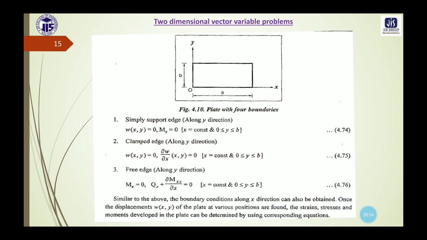And for a free edge along the y direction, mx equals 0 and qx plus del mxy del y equals 0, where x equals constant and 0 less than or equal to y less than or equal to b. So these are the 3 different boundary conditions applicable along the y direction, for the simply supported edge, clamped edge and free edge.